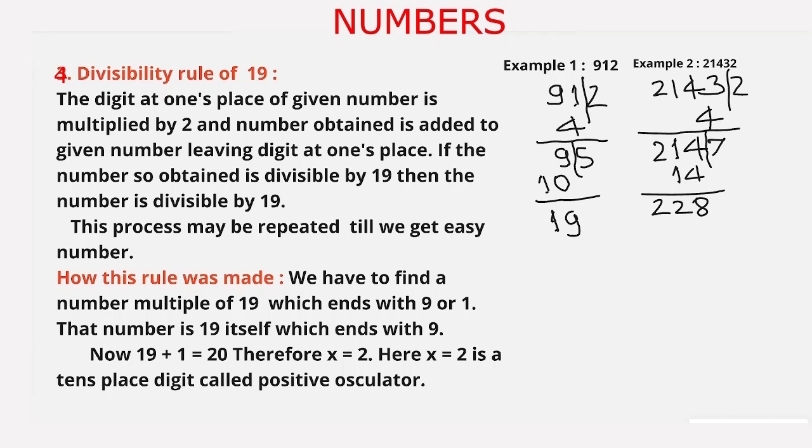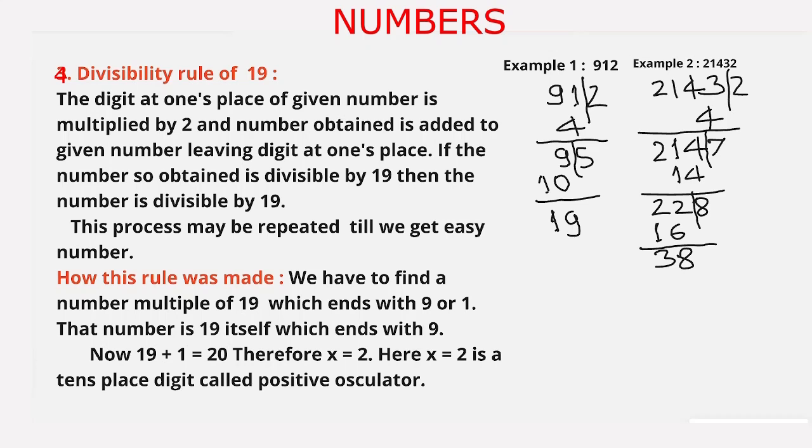We repeat this process, and the ones place digit of this number is 8. So 8 times 2 is 16, and leaving ones place digit 8, we add 16 to the remaining part of the number, which is 22, and 22 plus 16 is 38, and we know that 19 times 2 is 38.